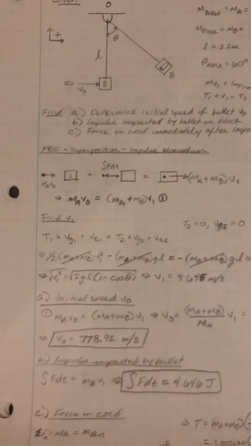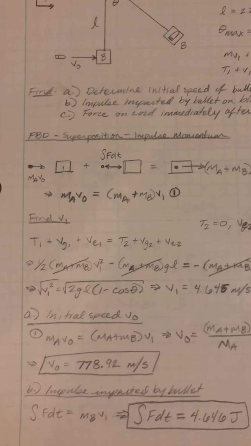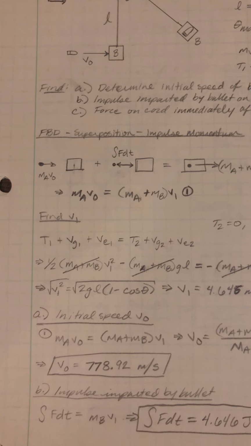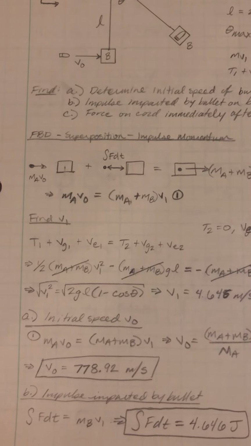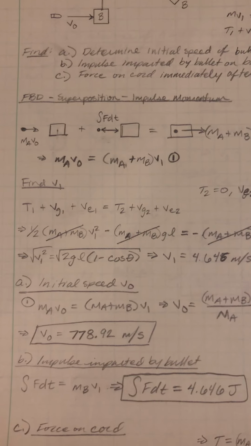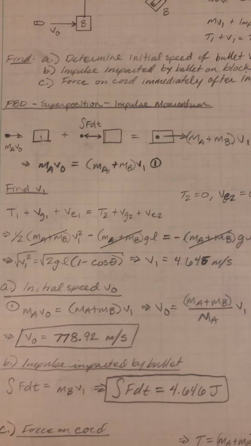Using this, we can find our V1, plugging into the similar equation that we have used in past problems. We can find that V1 is equal to the square root of 2GL times 1 minus cosine theta.